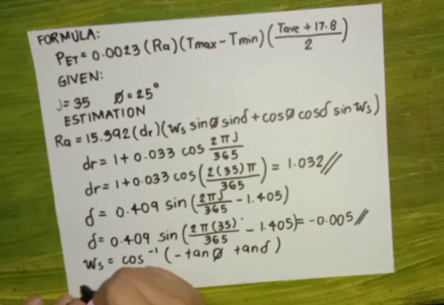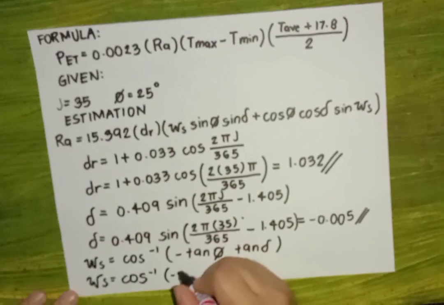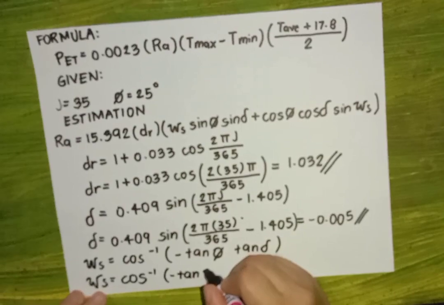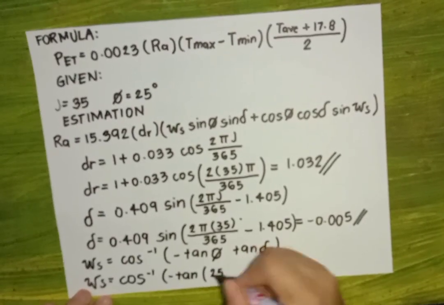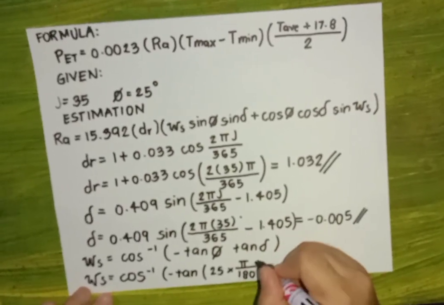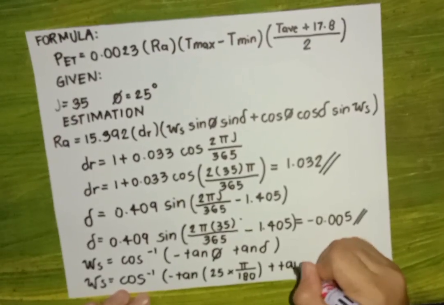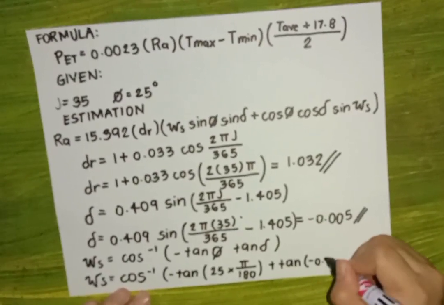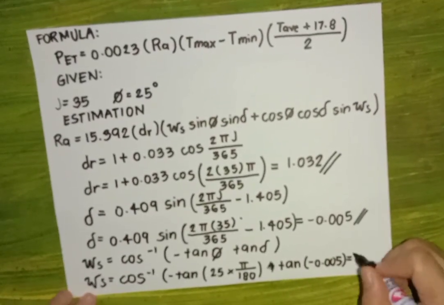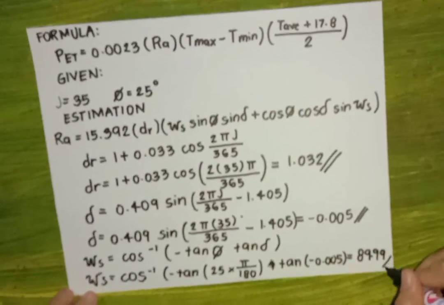By substituting the values, our W sub S is equal to arc cosine negative tangent 25 times pi over 180, since our phi is in degrees, times tangent negative 0.005. Our W sub S is equal to 89.99.